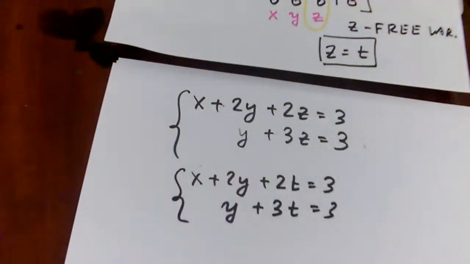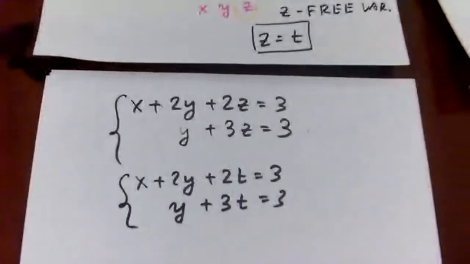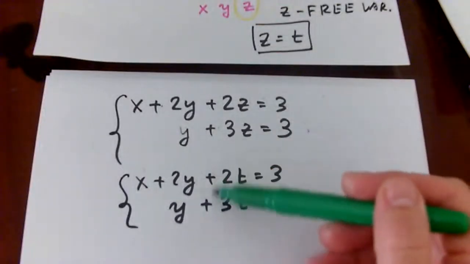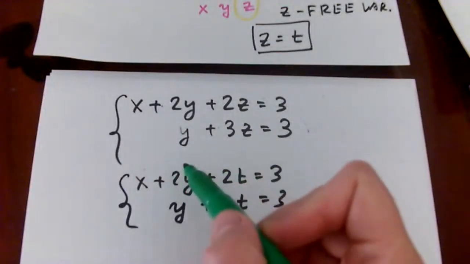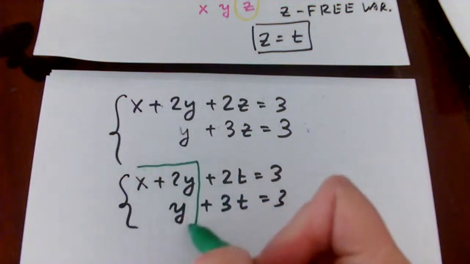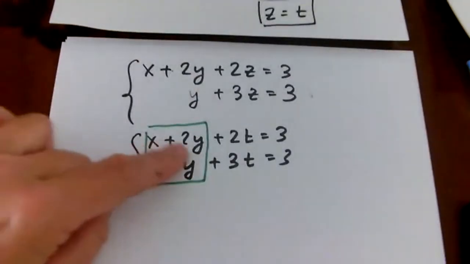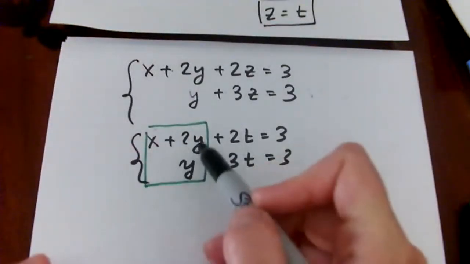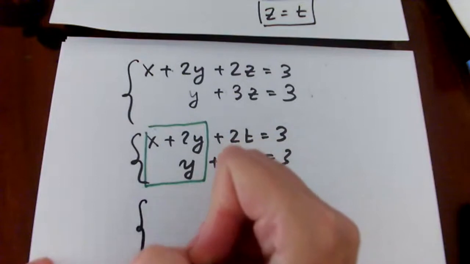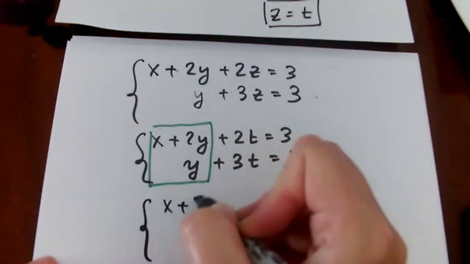Okay. And now what next? As I said before, there are two types of variables. Z is a free variable, and the rest of the variables are called basic. So how to solve this system? The best idea is to leave these guys who are basic variables, x and y, on the left-hand side and move all the rest to the right-hand side.